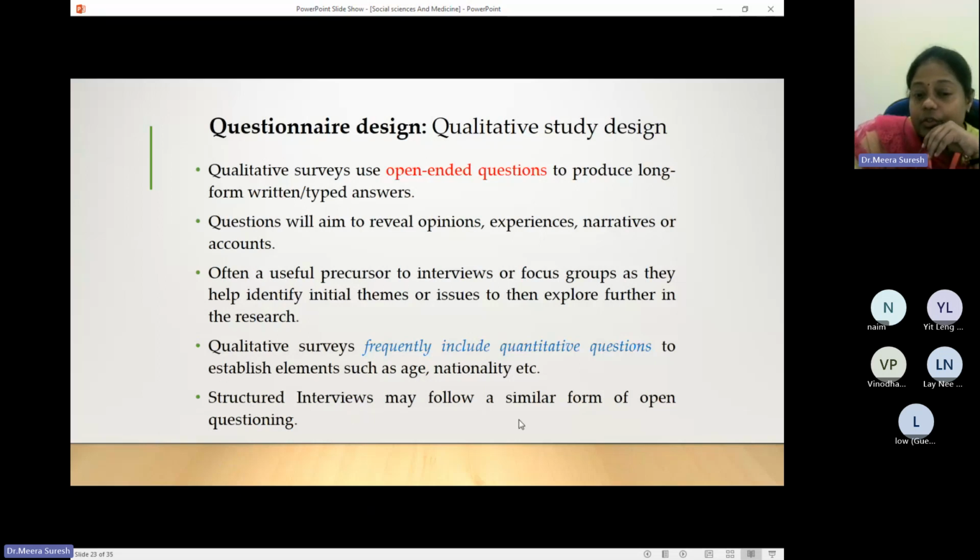The quantitative interviews also will have open questions. So even when we say quantitative and qualitative questionnaires, both will have some pattern. Some structured questionnaires, the quantitative ones, will have multiple choice questions, and towards the last there may be something like, do you have any opinions to say about this?